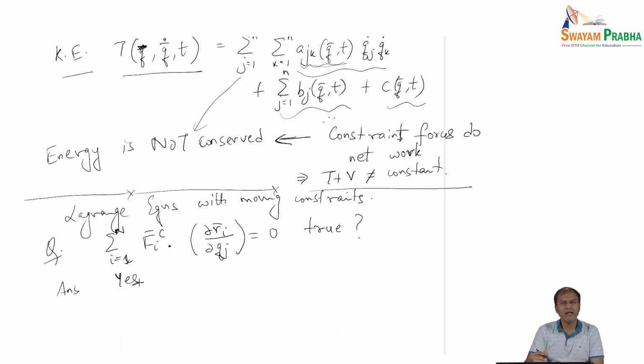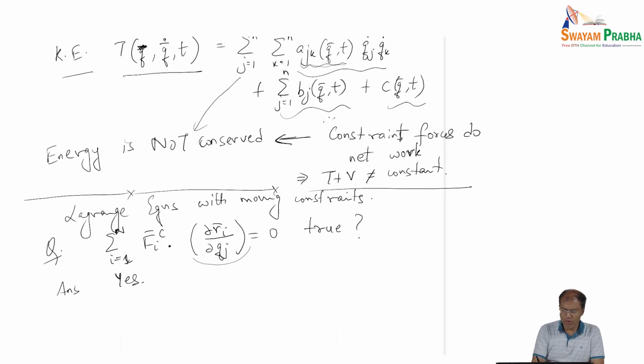So we should breathe a sigh of relief that the answer to this question is yes. We certainly can find these variables in such a way that the dot product of the constraint forces with these variables turns out to be 0, and we can have a corresponding principle of virtual work.